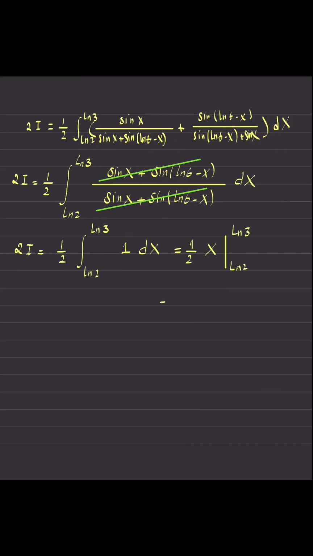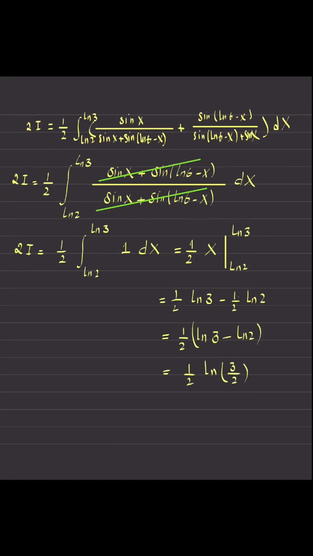So this becomes 1/2 ln of 3 minus 1/2 ln of 2. I can factor a 1/2 out, so this becomes ln of 3 minus ln of 2. So this becomes 1/2 ln of 3/2.